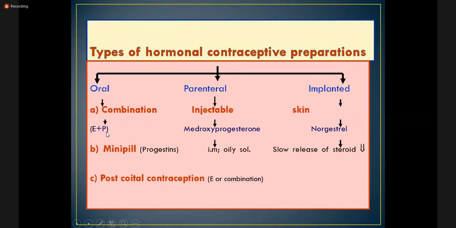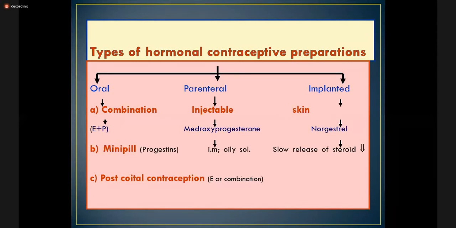In the beginning we discussed that these are the two hormones that play a key role. Either estrogen alone or progesterone alone can be given, but the combination preparation is supposed to be the most effective, in which we use both estrogen and progesterone components.